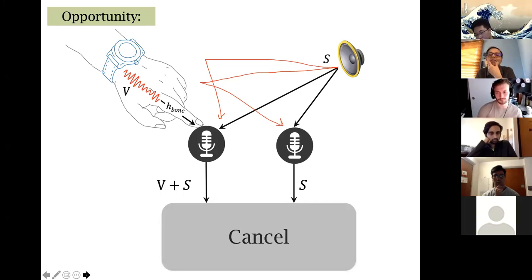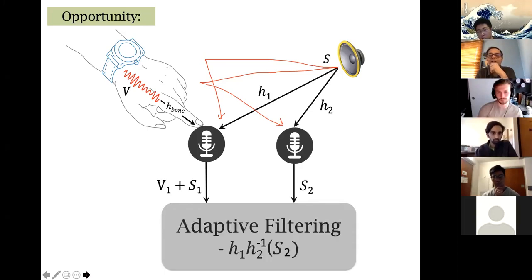What does this remind you of? Noise cancellation. This again goes back to adaptive filtering. You can think of this as your desired signal, and you want to subtract this desired signal from this signal perfectly.